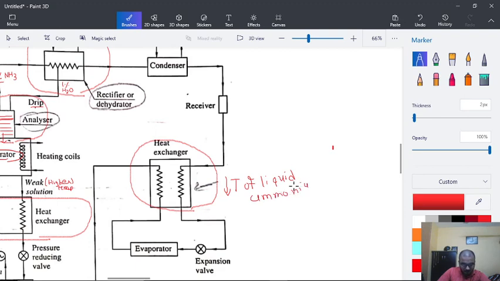Because of the reduction of temperature, the refrigeration effect will get increased. After the evaporator, this vapor will get a temperature increase. Okay, so this is the way it works.